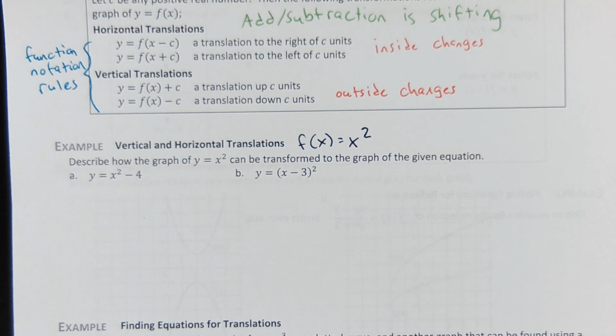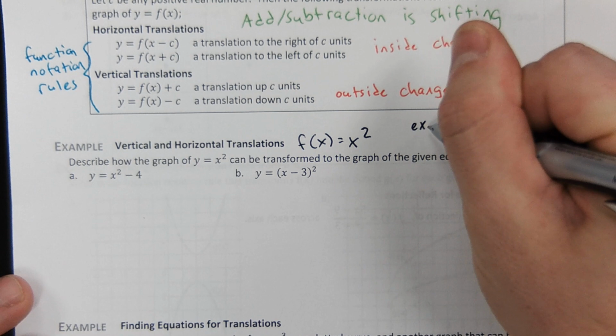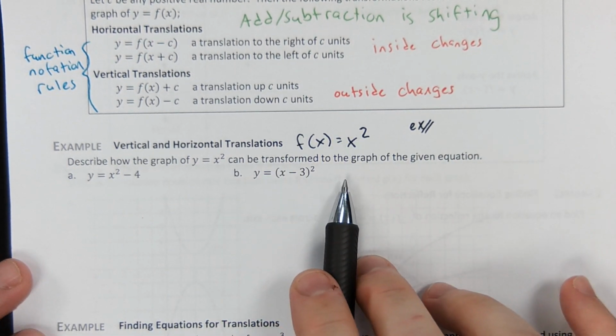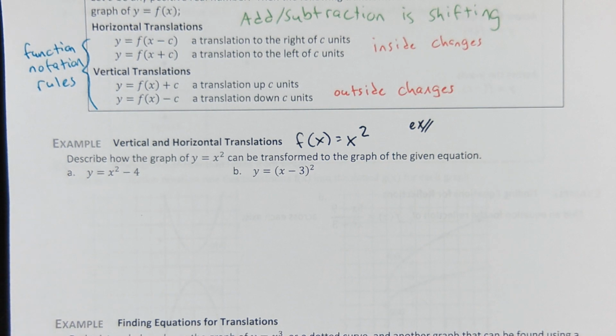And to drive this home really, really well, I'm also going to pick a point that exists on this function, and I'm going to show you how the transformation affects the coordinates as well, because here's the dirty little secret. You ready? You've been lied to. Transformations don't transform graphs.